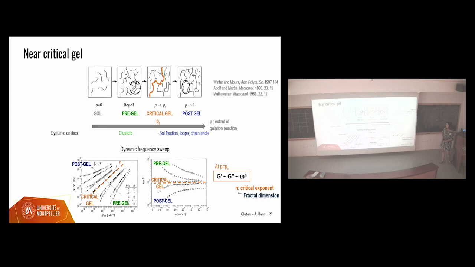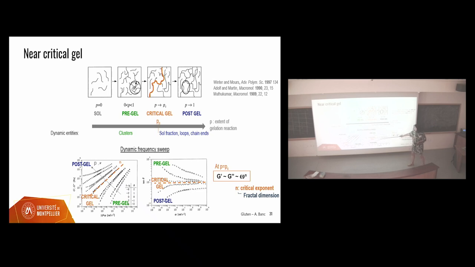Given this relaxation time spectrum, we can define the dynamic frequency response. Here are the responses of pre-gel that flows at low frequency, the critical gel model, and post-gel system, which are here. We can plot tangent delta as a function of frequency, and you can see that the pre-gel system is characterized by a decrease of tangent delta as a function of frequency.